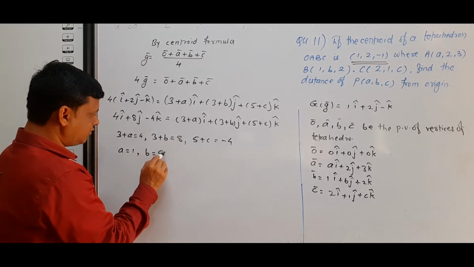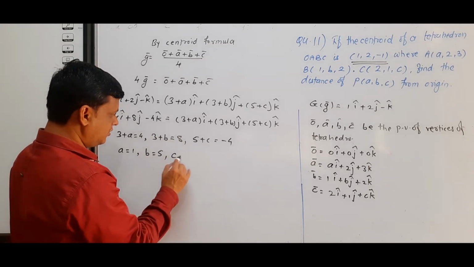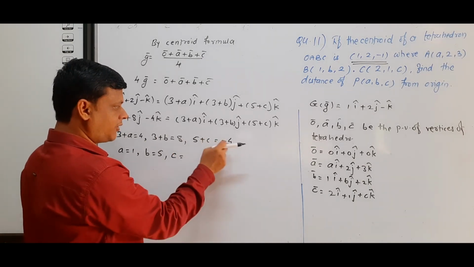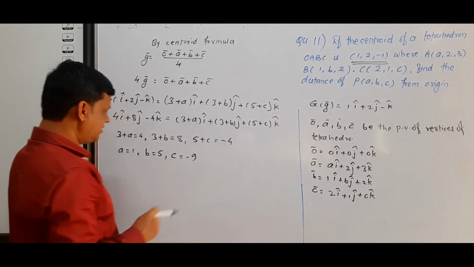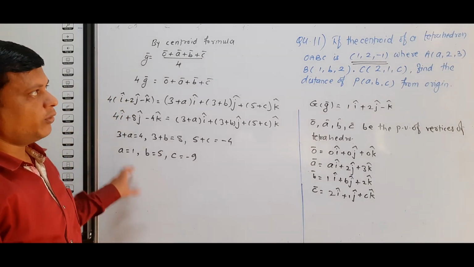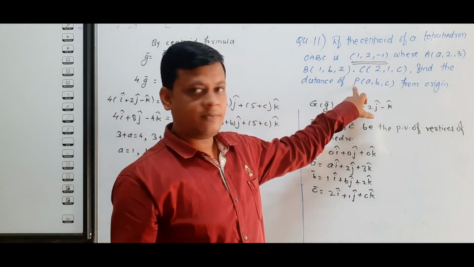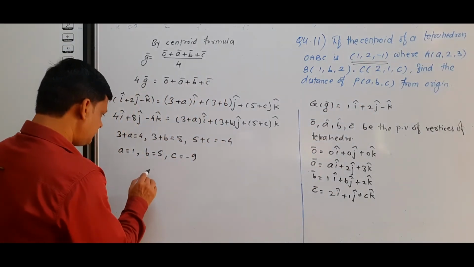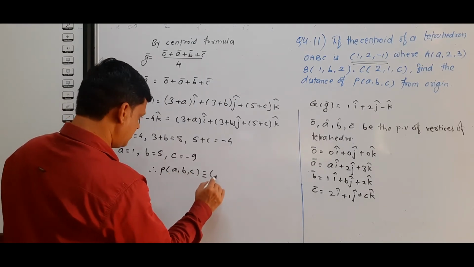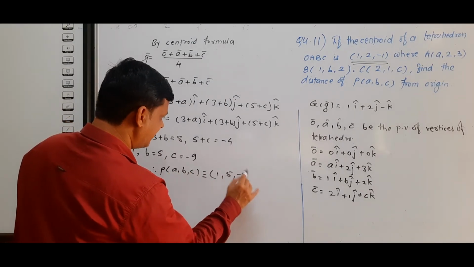So B equals 5. Now transferring this 5 to the right hand side, we get minus 5, minus 5 minus 4, we get minus 9. So in this way, we get the values of small a, b, c, which are the coordinates of point P. Therefore, P(A, B, C) is (1, 5, minus 9).